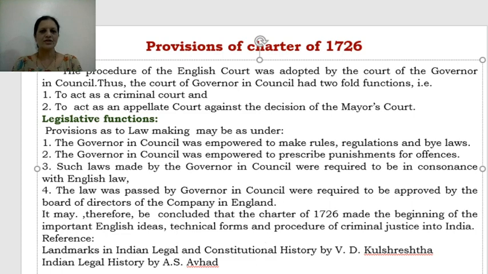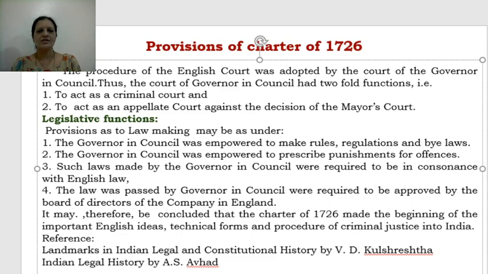Legislative functions. The next provision is legislative functions. The provisions as to lawmaking are as under: the governor in council was empowered to make rules, regulations and bylaws. Second, the governor in council was empowered to prescribe punishments for offences.